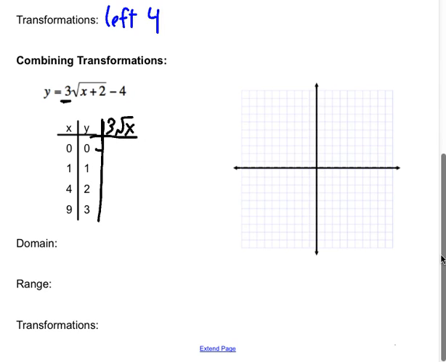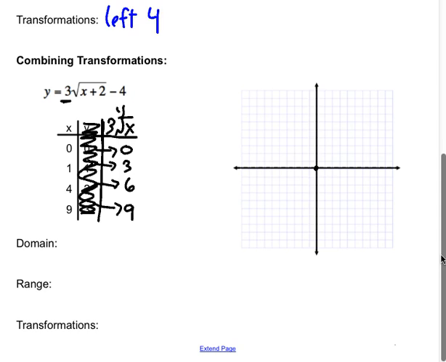I multiply every one of these values by 3. Once I do that, now I don't really need that middle column anymore, because these are going to be the new y's of that parent function. I'm going to be plotting those points on the chart. So I have 0, 0.